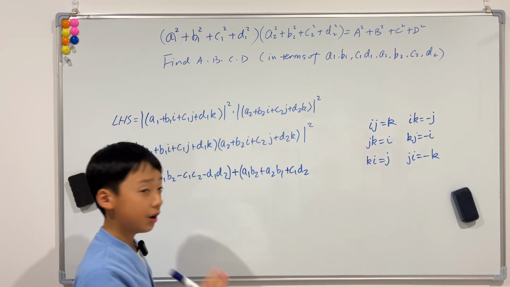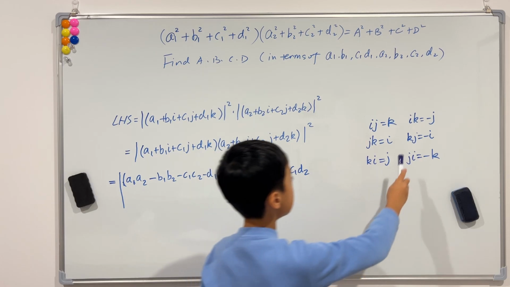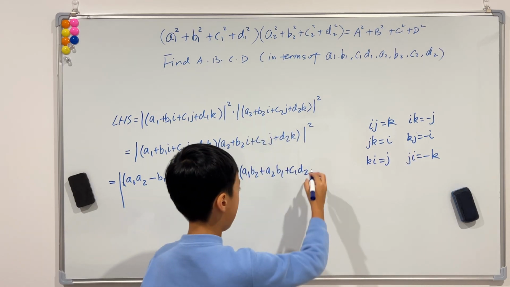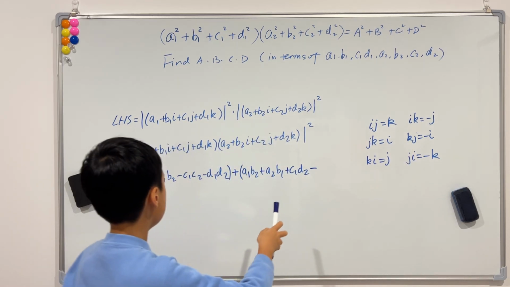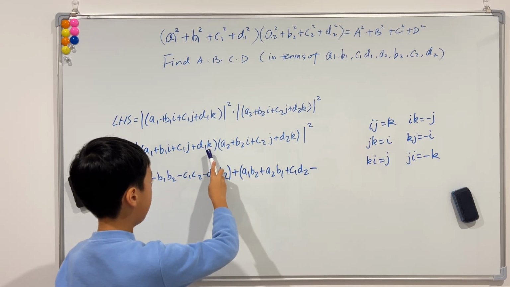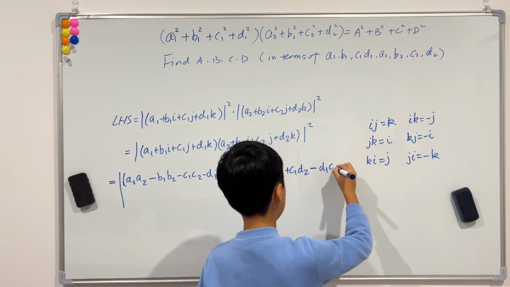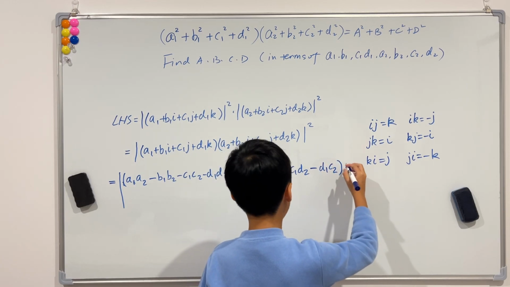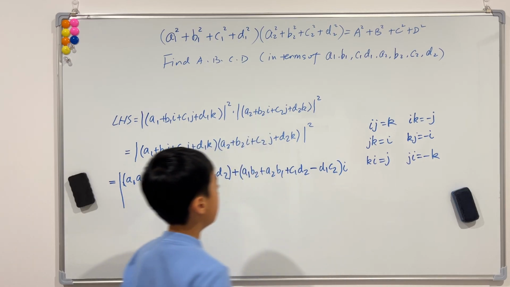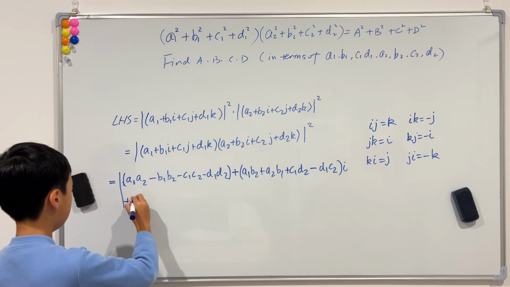But we aren't done yet, because we still have the negative term, which is just K times J. So we have to subtract. We find a K and a J. So D1 C2. And I. And then we have to add.